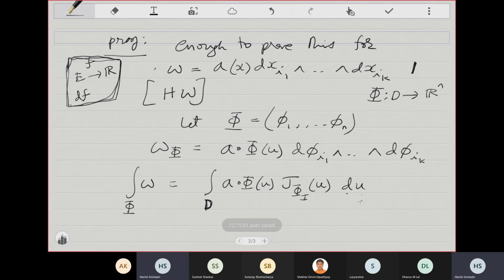But fortunately, that's good enough because here, for instance, this integrand, A composed with phi of u times the Jacobian, is certainly going to be a continuous function on D. And remember that I said that D is always going to be a k cell or a k simplex. So this makes perfect sense.